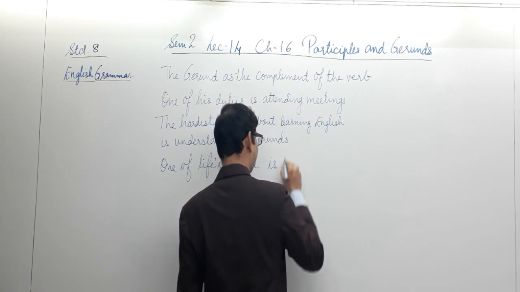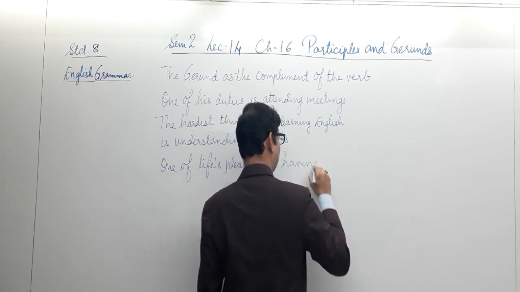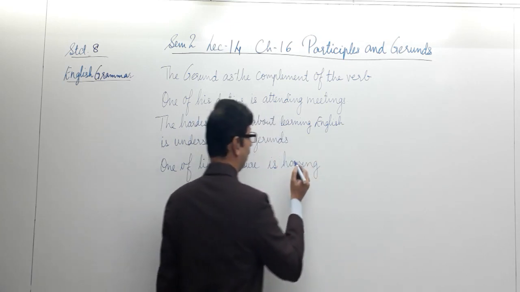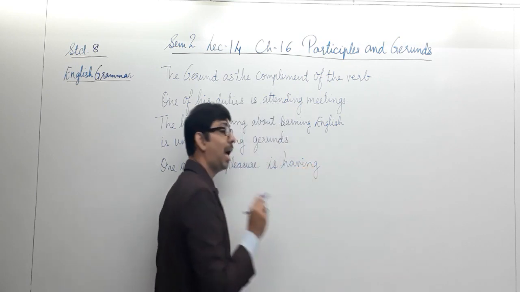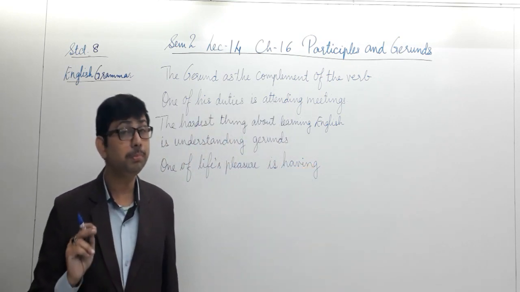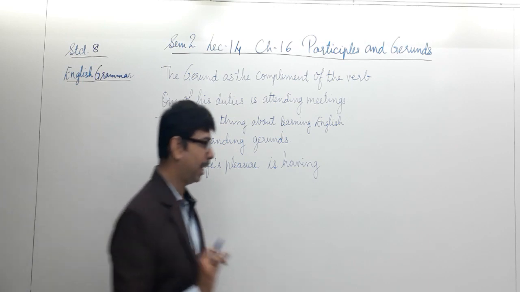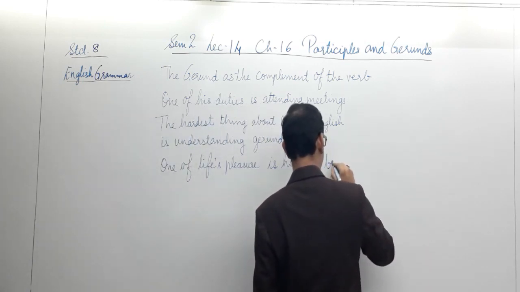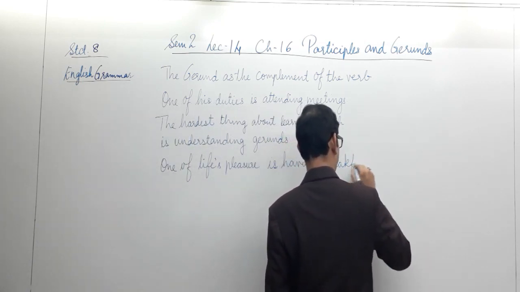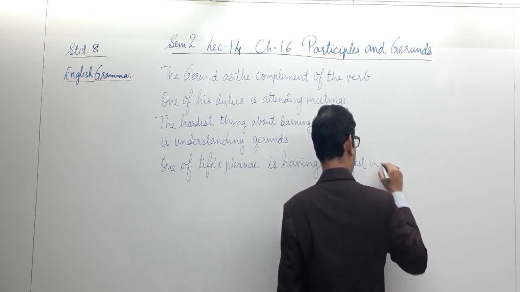So here once again we have the word is having. Now we know having is an action of eating, isn't it? Here the word having is playing the role of a gerund.